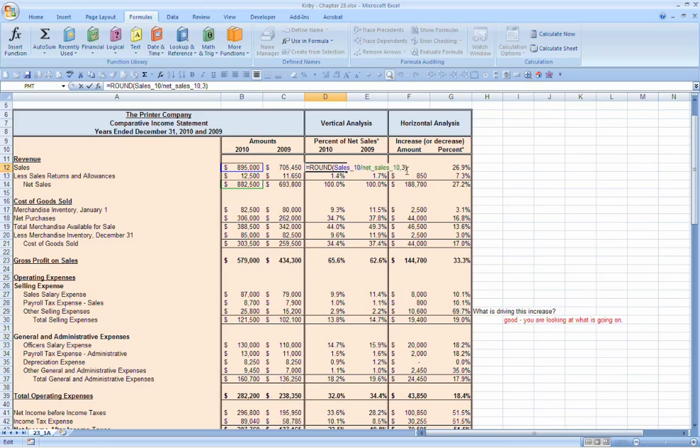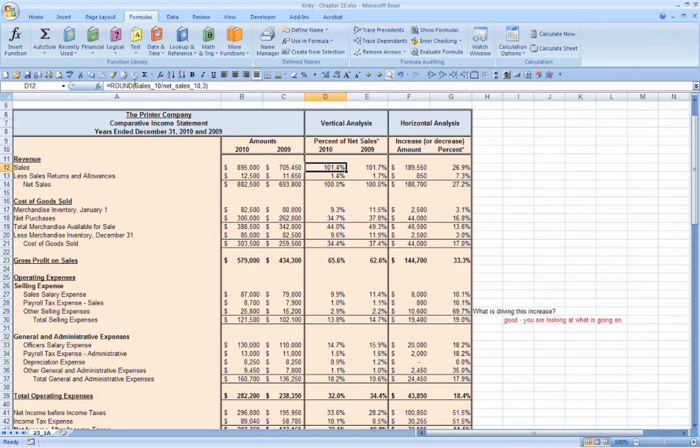And then he rounded it to 3 decimal places. Since we're dealing with percentages, that's 101.4, so this is 1.014. So he's got 1 decimal place in a percentage.